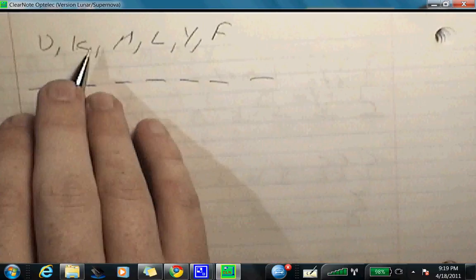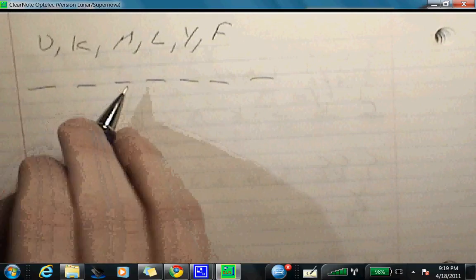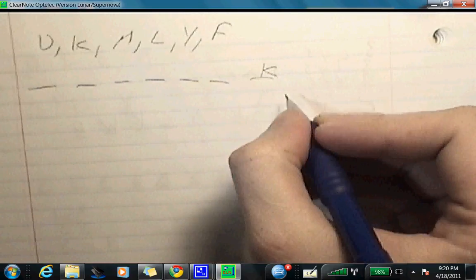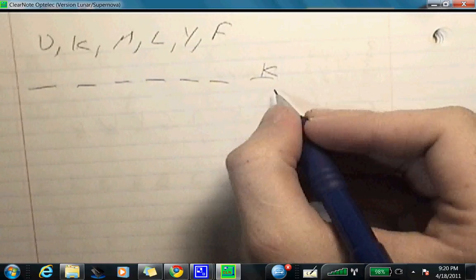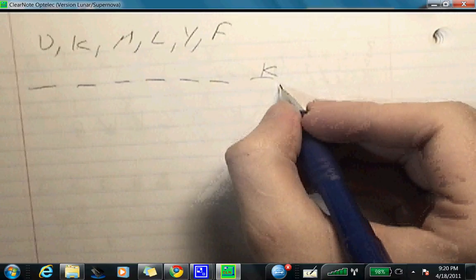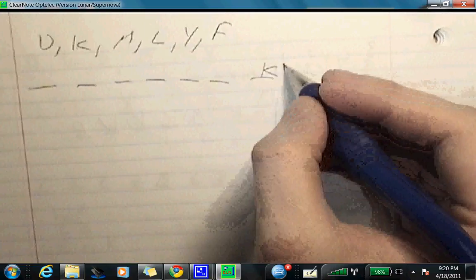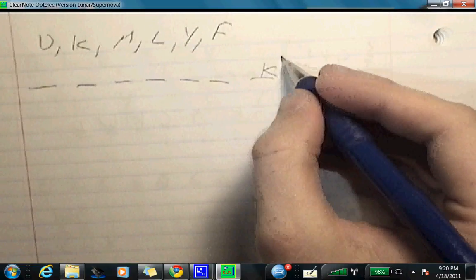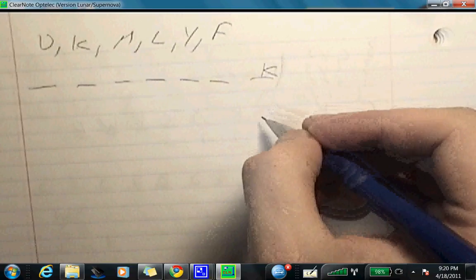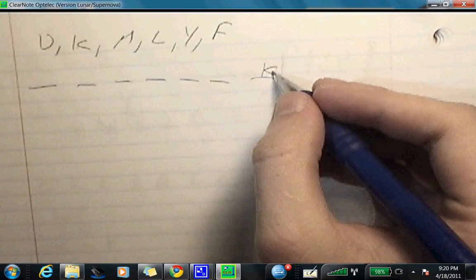Now trypsin will cut after lysine and arginine, which is R. But in order for it to have no effect, lysine has to be the last amino acid, because it cuts on the carboxyl side. So even though trypsin is active, there's no peptide bond to hydrolyze after it if we put K here. So K must be here.